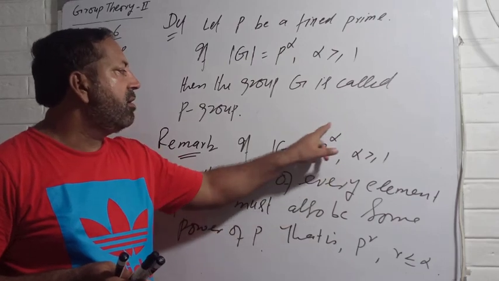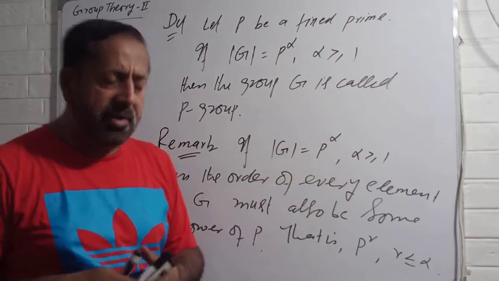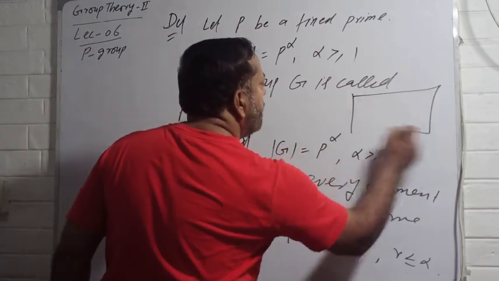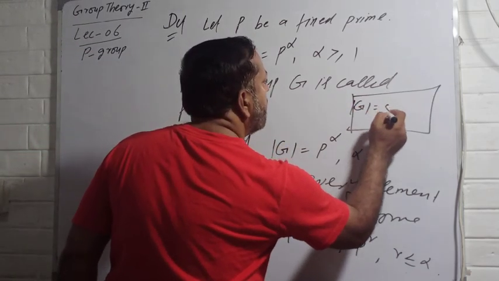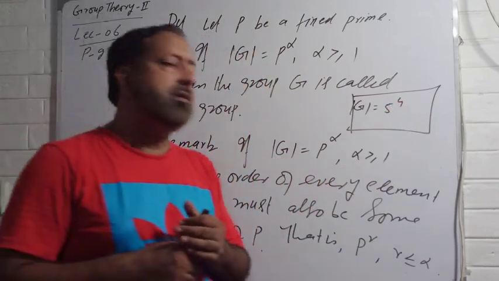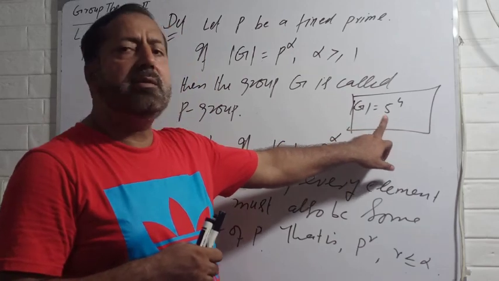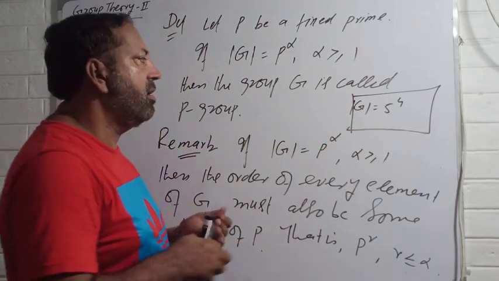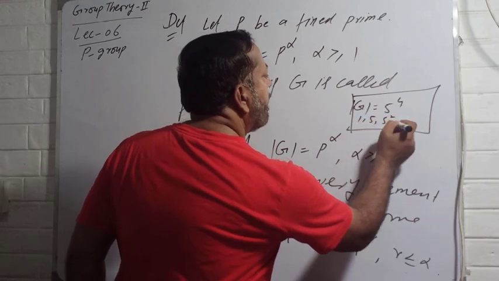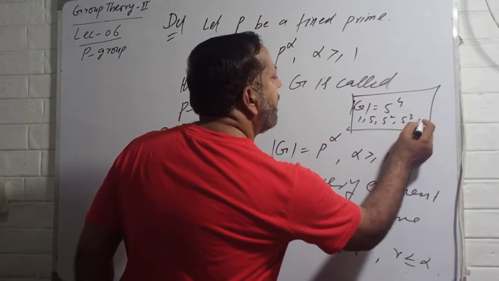So if the order of G is, let's say, 5 power 4, then which numbers are the divisors of 5 power 4? You know that the divisors of 5 power 4 are 1, 5, 5 square, 5 cube and 5 power 4.